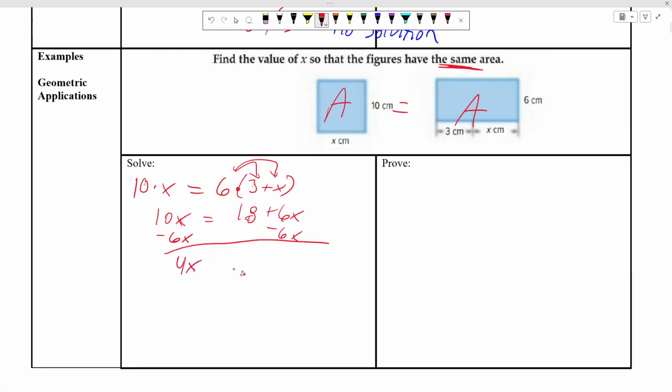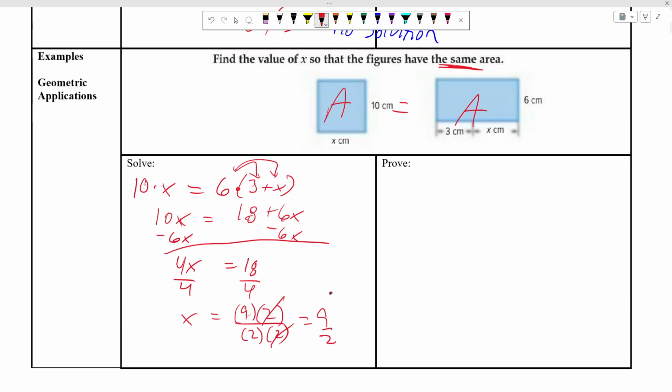Okay, if I inverse that, I'm left with 4x equals 18, and then I inverse that multiplication of 4, and I end up with, let's erase that, 9. I'm going to factor, they both share a factor of 2, and if I do that, I cancel, I get 9 over 2.